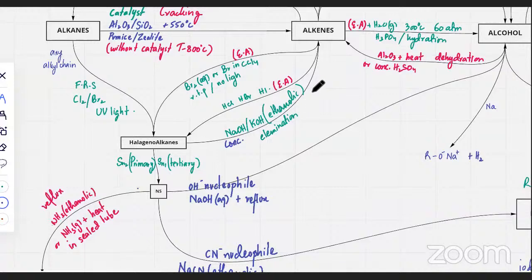What that would lead to is elimination. It's going to turn into an alkene. What would happen is that you'll have a halogen with all its hydrogen atoms.